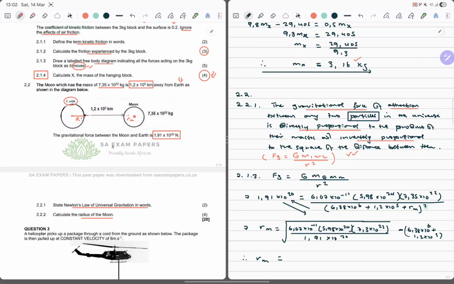We can say minus the sum of 6.38 times 10 to the 6 plus 1.2 times 10 to the 5. You see, we do it all in one go. And what we see here is a crazy number, but I'm going to make decimals. I'm going to say this is 3.85, writing it in scientific notation, times 10 to the exponent. How many did we push up? Pushed 1, 2, 3, 4, 5, 6, 7, 8.